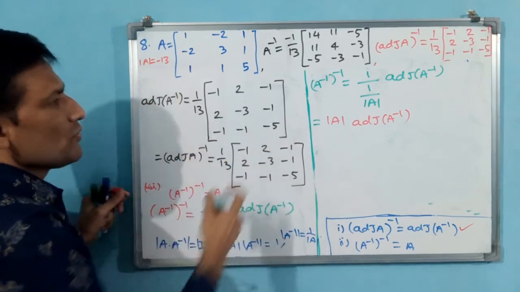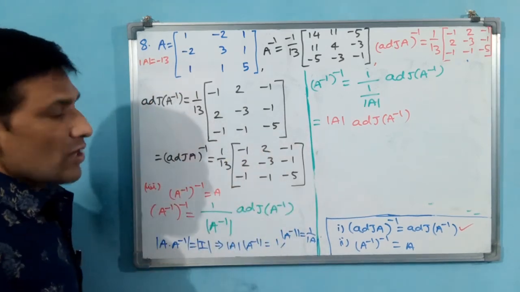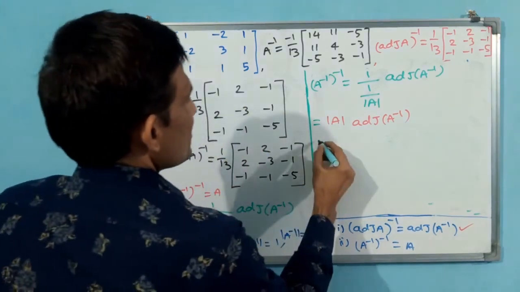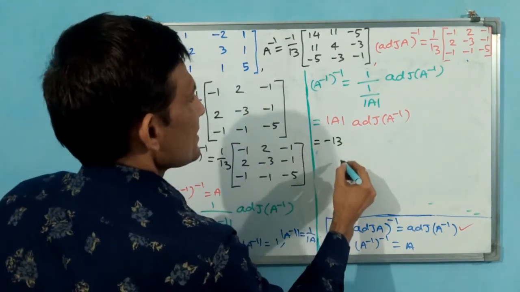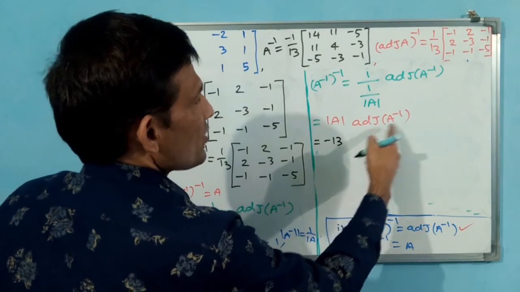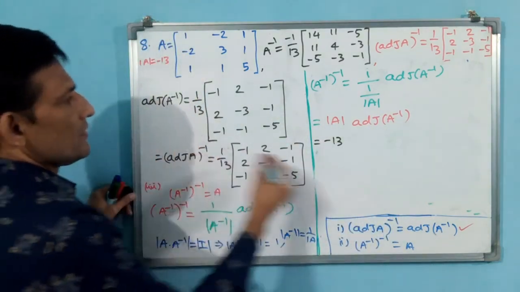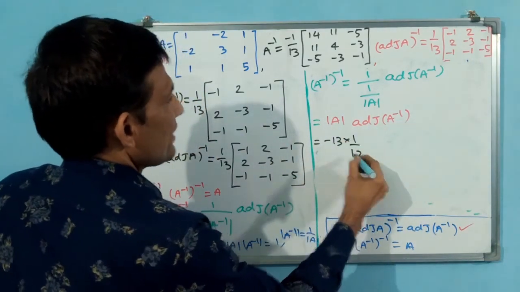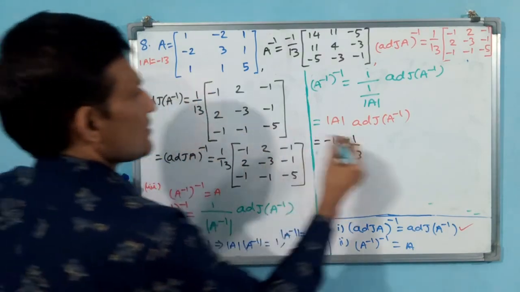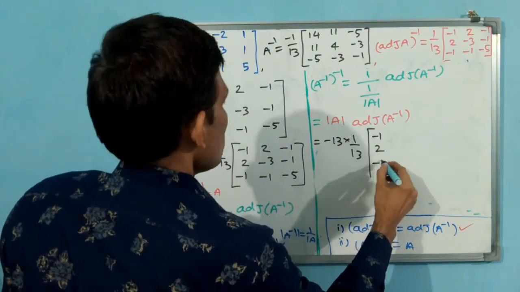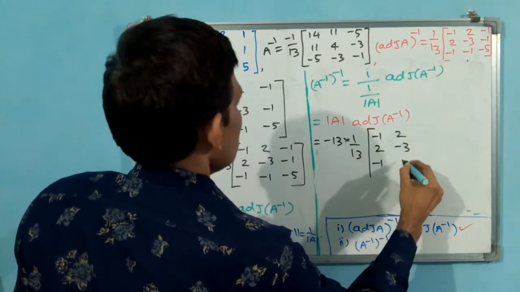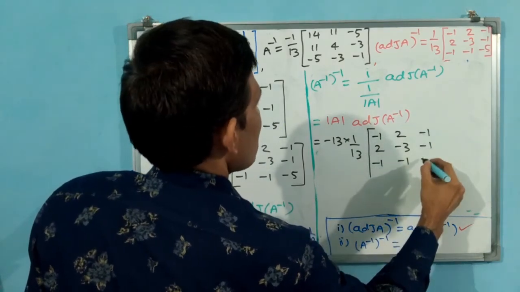Now you are going to utilize this. See how I am writing. That is equal to, this is determinant A, minus 13, into adjoint of A inverse, which is 1 by 13 times this matrix: minus 1, 2, minus 1, 2, minus 3, minus 1, minus 1, minus 1, minus 5.